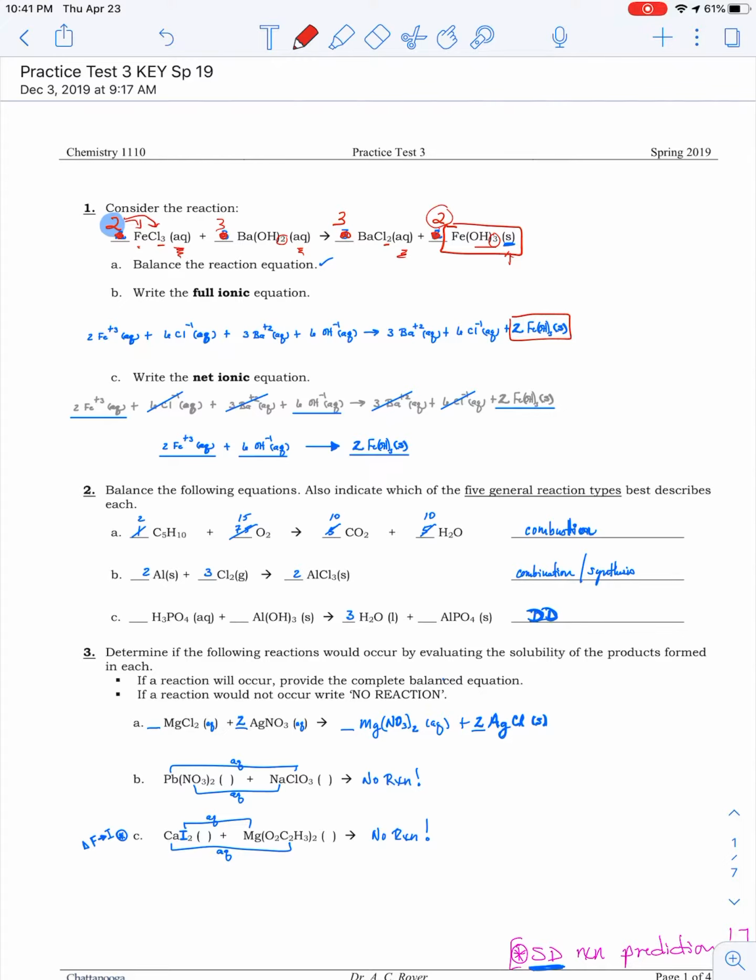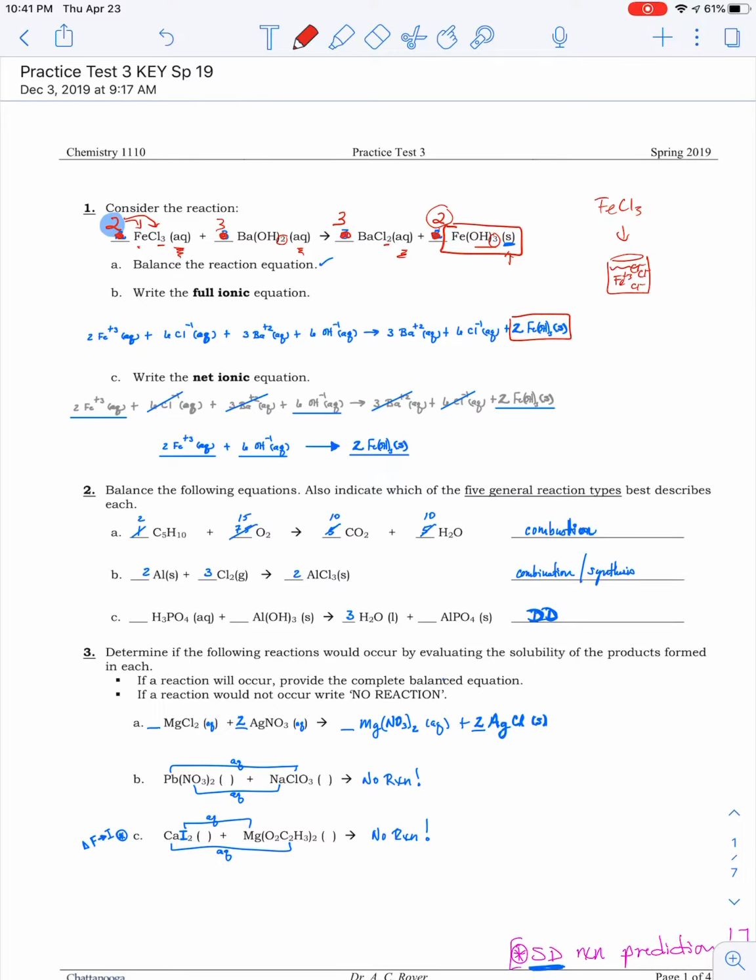and that when you take something like FeCl3 and you dissolve it into water, you end up with an Fe plus 3, and then you also end up in the water with a Cl, a Cl, and a Cl. So you end up with 3 Cls.